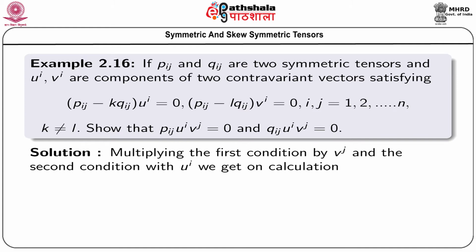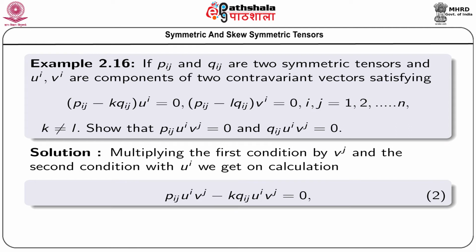So, multiplying the first condition by vj and the second condition by ui, we get, after calculation, that Pij ui vj minus k Qij ui vj equals 0. So, from the given two relations, we get this one.